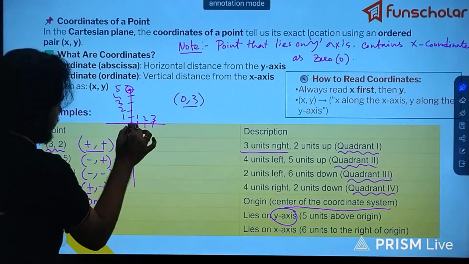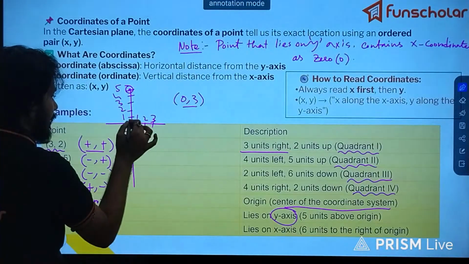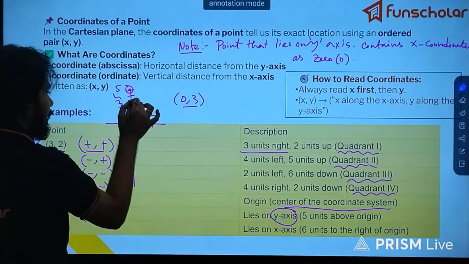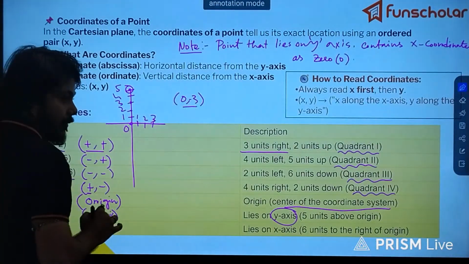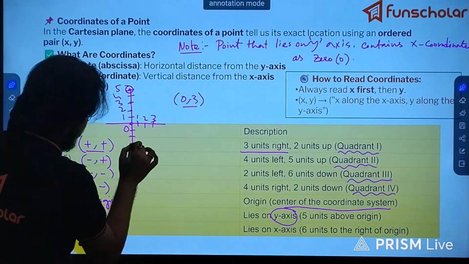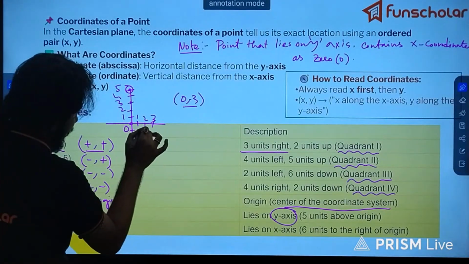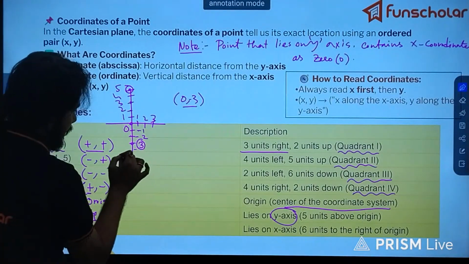We will stick to the origin, and as it is 3, we will move upward 3 units. If it was -3, then we would shift this point downward as -1, -2, -3.